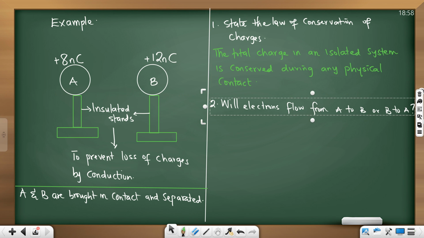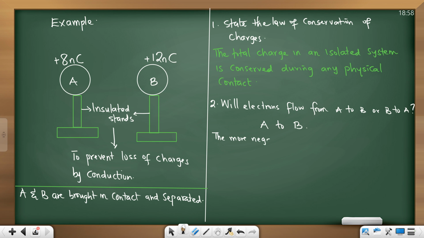Will electrons move from A to B or B to A? The answer is A to B. And the question is why? Let me help you. The more negative a sphere is, the more electrons it has.